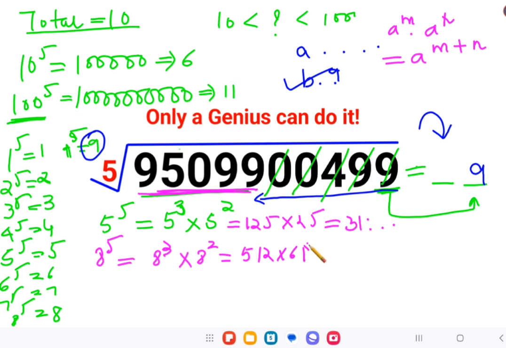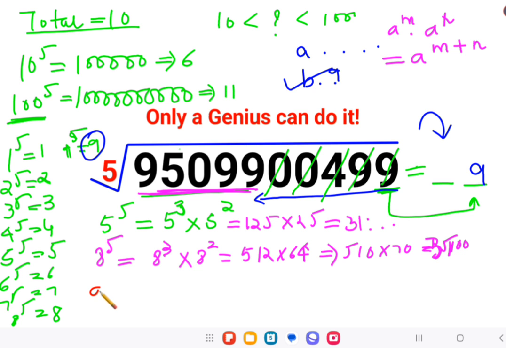You can just round it off to 510 into 70 and see what your answer is. So you get 35,700 or so. The answer comes out in 35,000, but we want our answer closer to 95,000. So let's look at one more number.